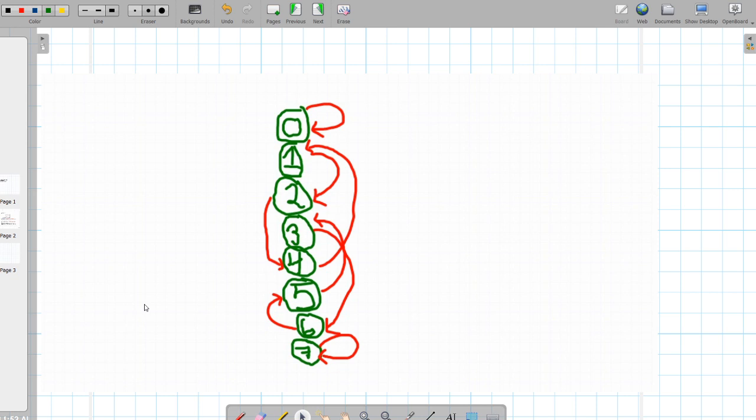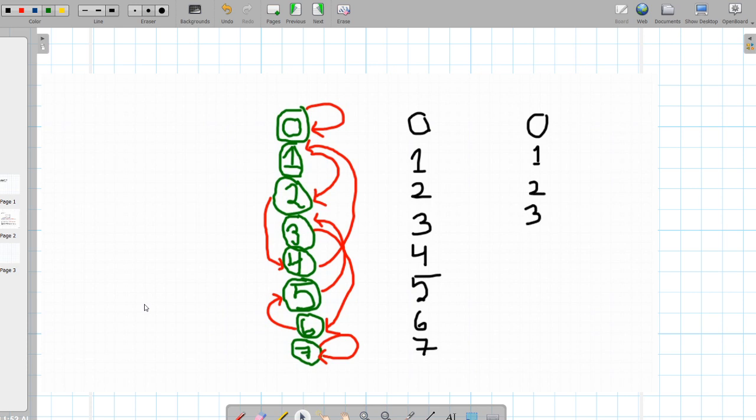Now, if you split it up, you can think of this diagram like 0, 1, 2, 3, 4, 5, 6, 7. Just assume that virtually you have 2 layers of processors, and this will give you a better visualization of the connection.